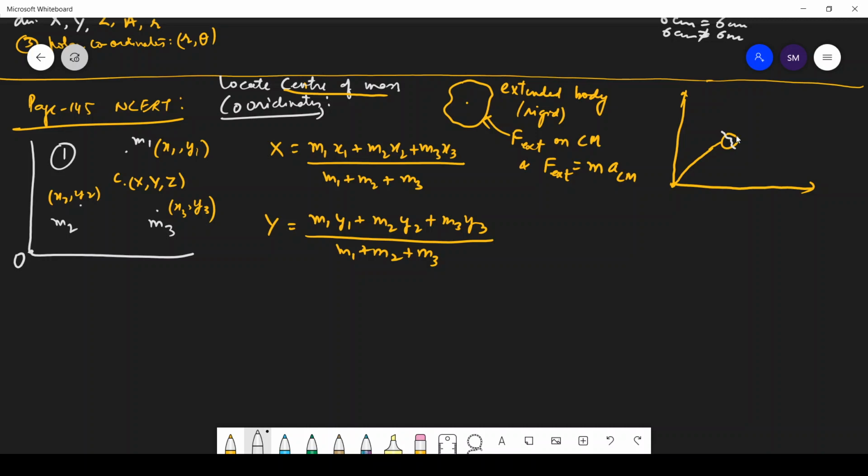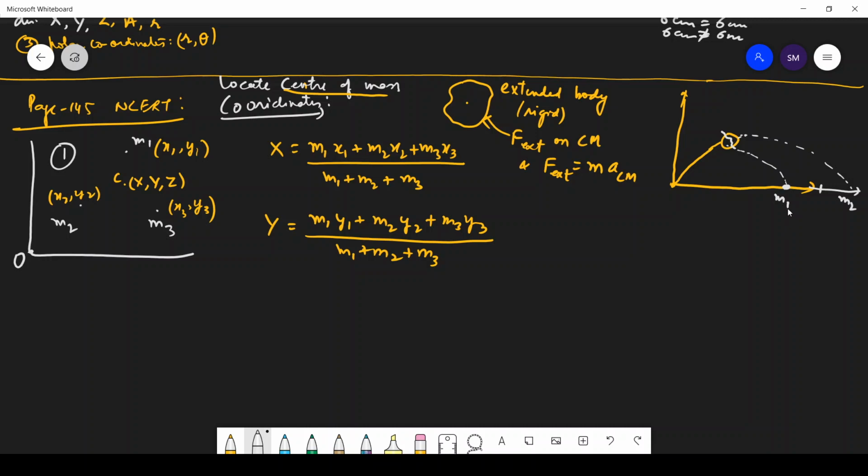So if there are two fragments, one will suppose move in this direction from here. One will fall over here, and this second one will fall over here. So these are the two masses, m1 and m2.